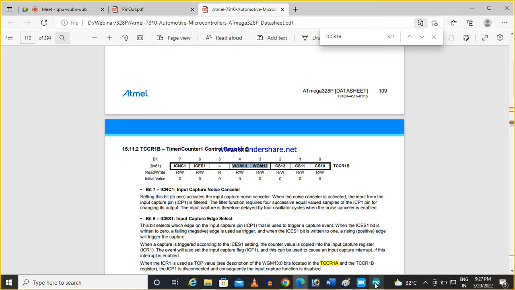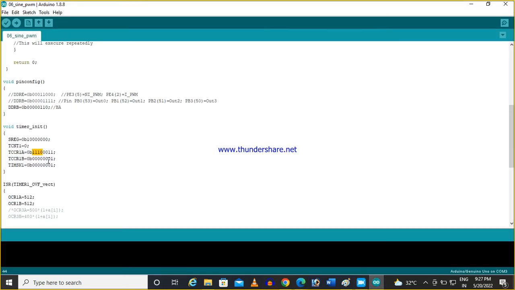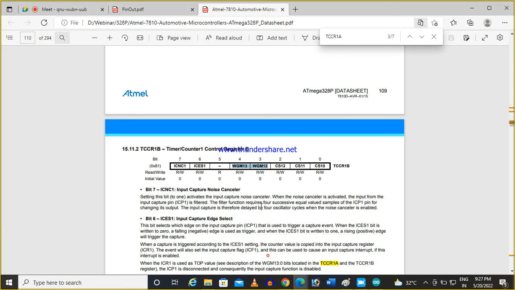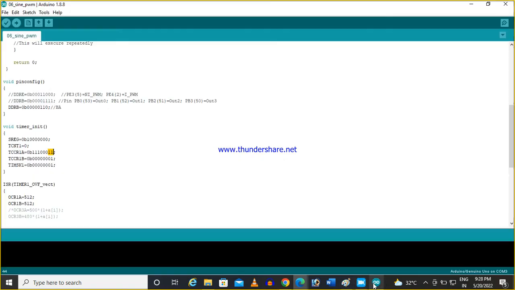So now if you see here, these 2 bits I set 1-1 and the other 2 bits in the B register, that means the 3rd and 4th bit, here I made 0-0.